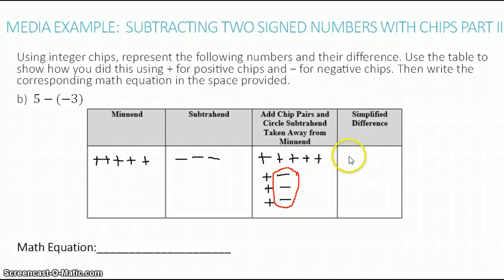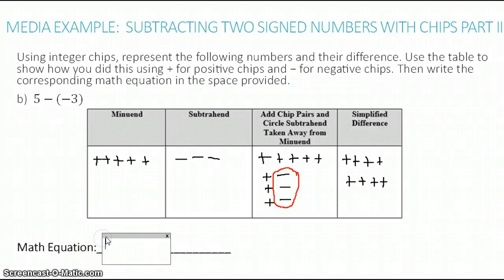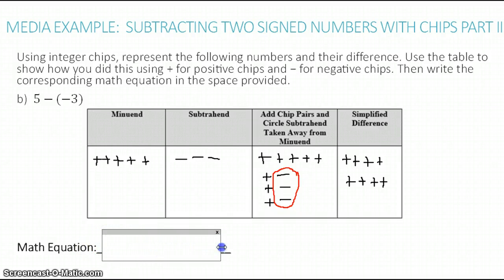And our simplified difference was what remained, which was 8 positive chips. So our math equation is that 5 minus -3 equals +8, or just 8.